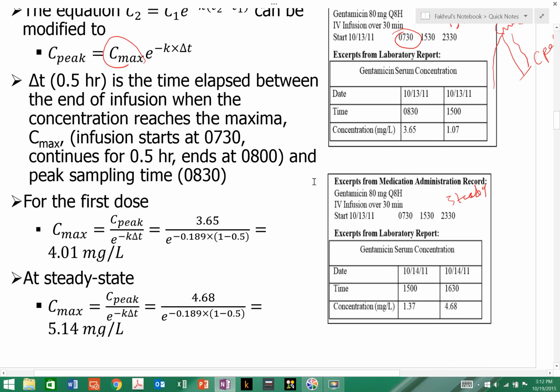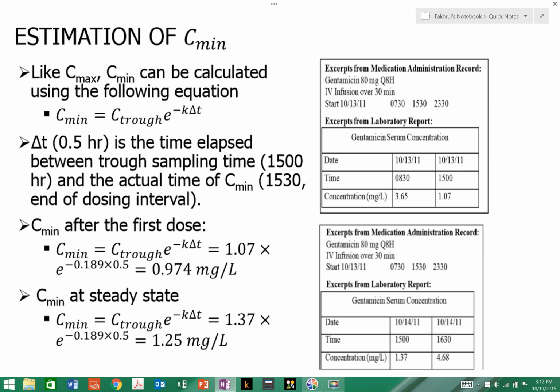So for the first dose, you use 0.5, other things are same, and at steady state, here is your Cpeak. It is just Cpeak here, and at first dose your Cpeak is the same. Same is true for Cmin.